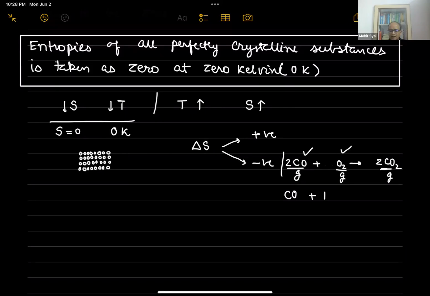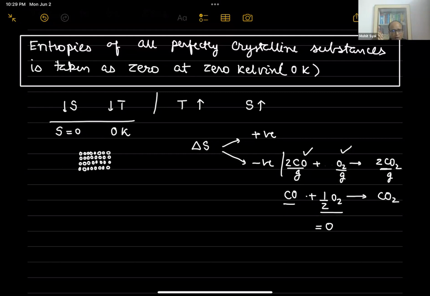Or look at it like this. Nabila, are you getting it? Is it balanced or not? What do you feel? So you have carbon monoxide and half O2, which means how many atoms of oxygen? Half O2 means 0.5 moles of O2.